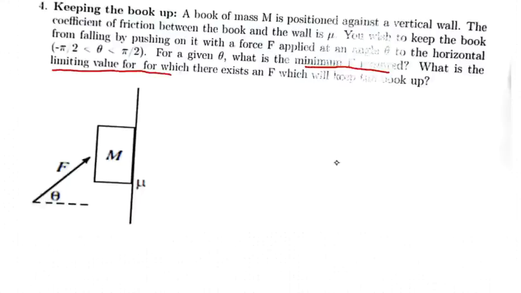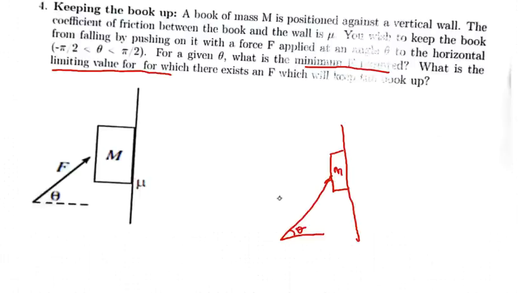Okay, let's repeat the diagram, and we'll try to place the forces where they should be. We have this to be the mass, and there is a force existing at an angle theta.